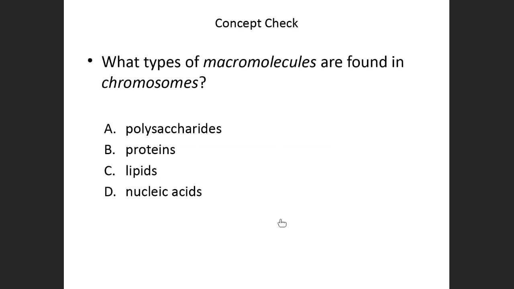All right. So, time to sit back and think. What types of macromolecules would you find in a chromosome? Is it A, polysaccharides, B, proteins, C, lipids, or D, nucleic acids?